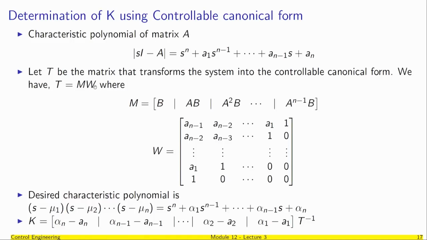T is M times W, where M is the controllability matrix, and W comes from the entries of the A matrix in the following way. I will not tell you how to do this, but these are very standard texts. Once you have the system in the controllable canonical form, then the K's are simply computed this way. Alphas are known to us, A's are known to us, so I can directly compute the K matrix.